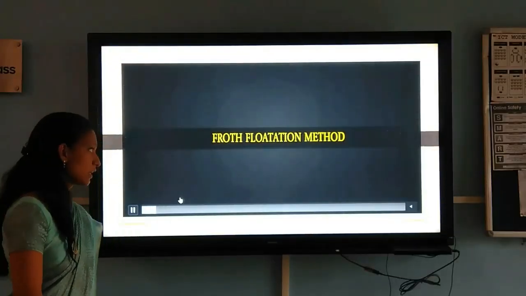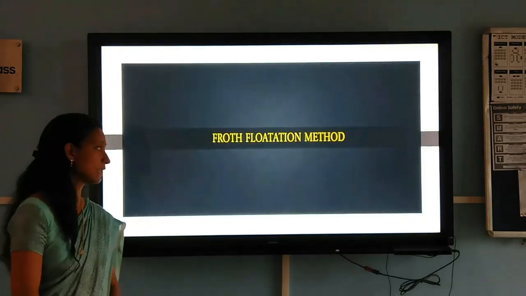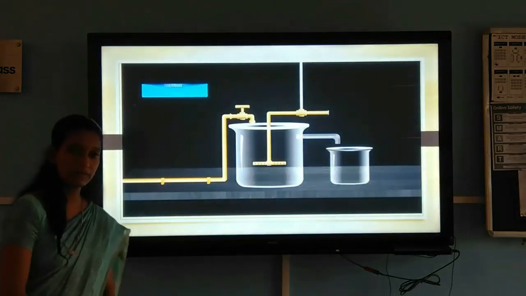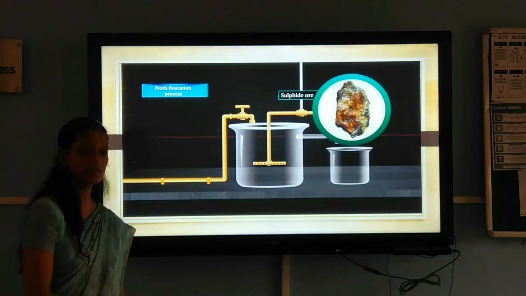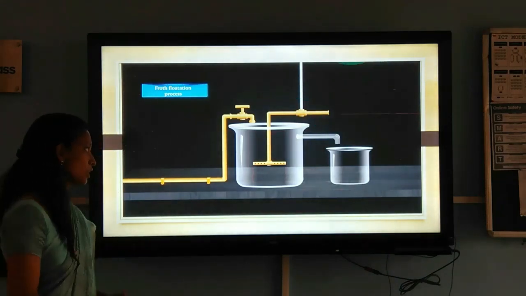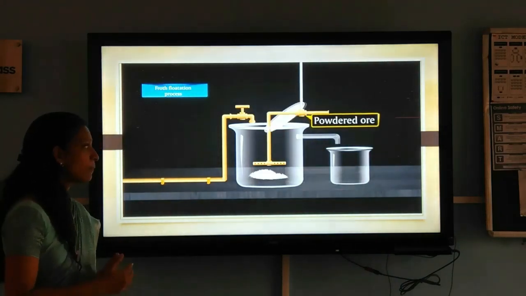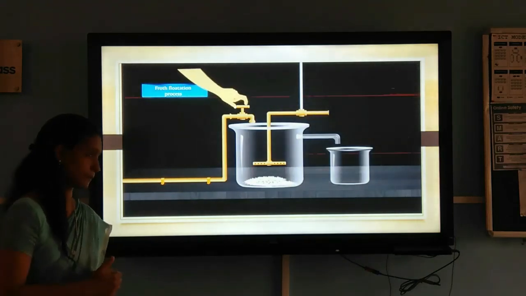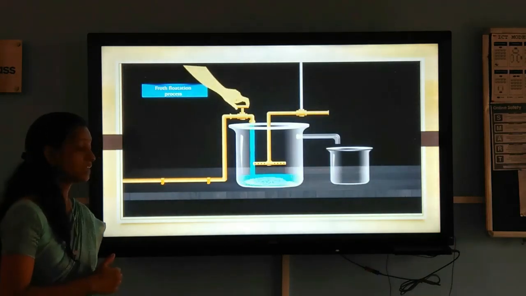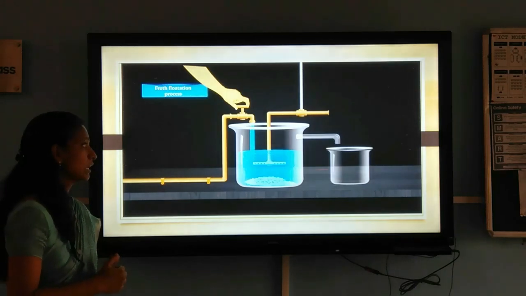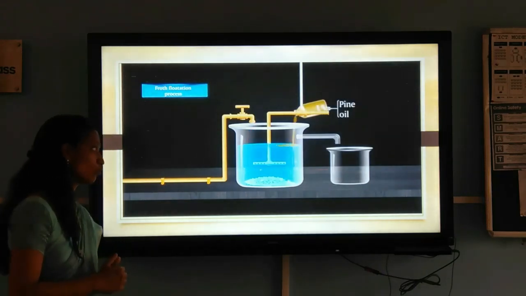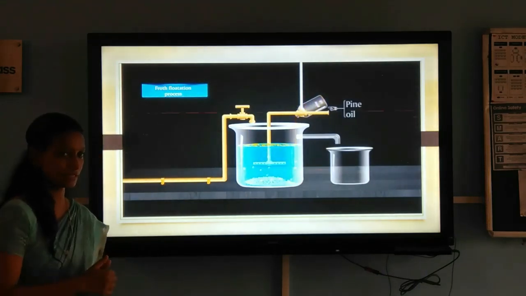Now, the next method is called froth flotation. Flotation is generally used for sulfide ores. It's based on the principle that the ore is generally wetted by oil, whereas the gangue particles are wetted by water. So here, you take the powdered ore and mix it with water. You also add some substances called collectors, like pine oil, and you add froth stabilizers.